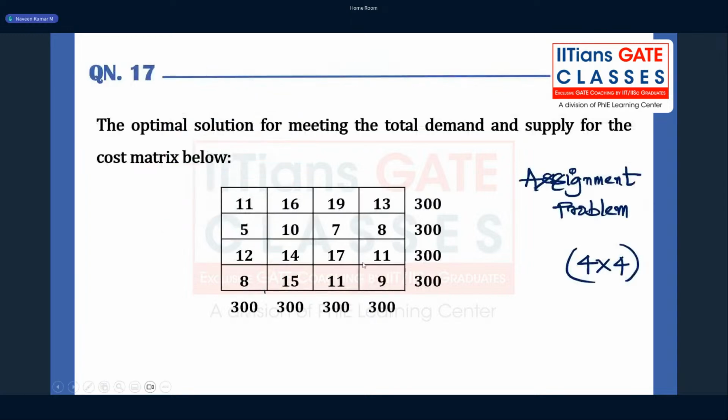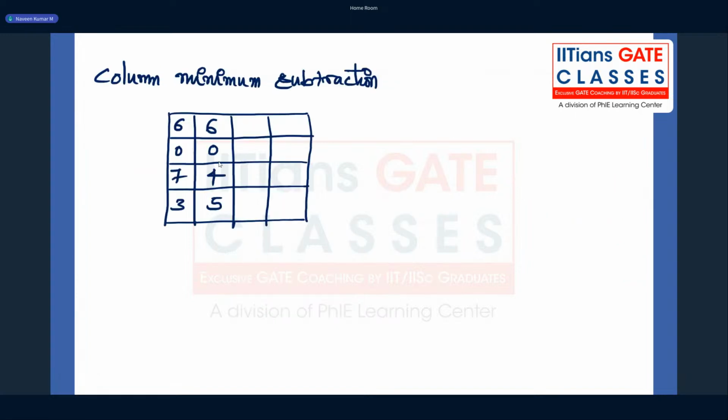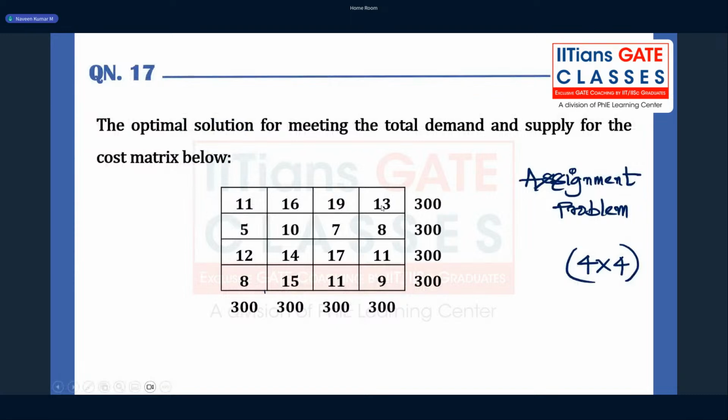Again here 7 is your minimum value, so 19 minus 7 is 12, 0, 10, and 4. So this will be 12, 0, 10, 4. And again 8 is the minimum value there. 13 minus 8 is 5, 8 minus 8 is 0, 11 minus 8 is 3, 9 minus 8 is 1.